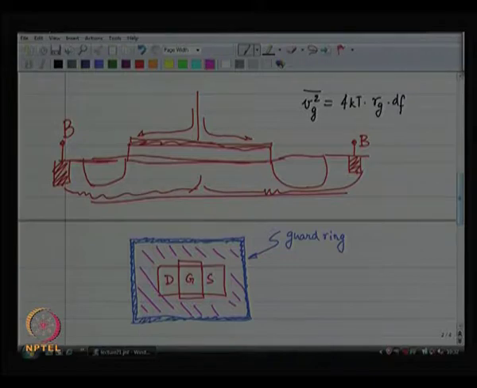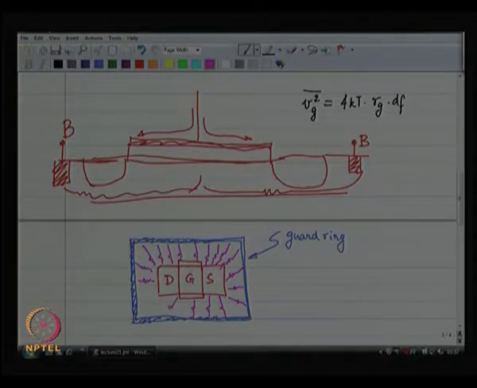So, the body itself is resistive, and because of this resistance there is going to be some noise voltage on the body.